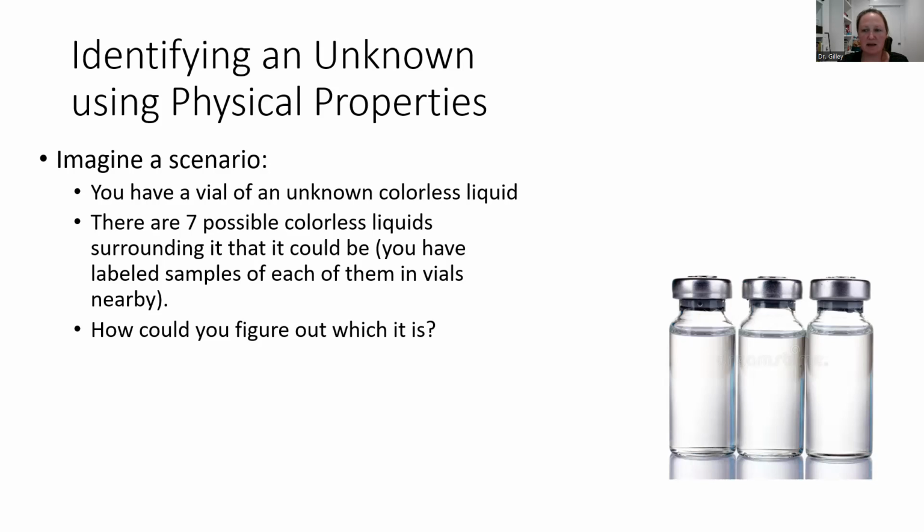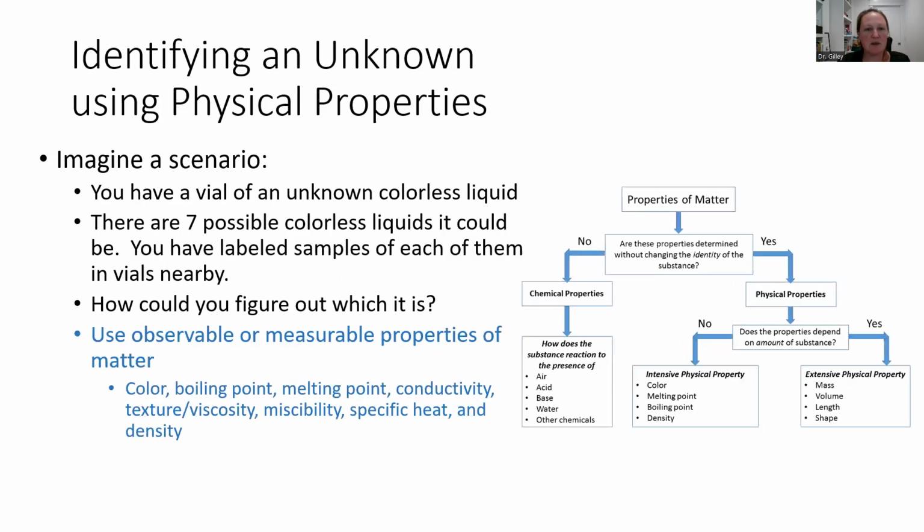Right, so you can't just look at it, right? They're all colorless liquids. So we have to think about, okay, what else can we do? One thing we can do is use observable or measurable physical or chemical properties of matter to distinguish them, right?